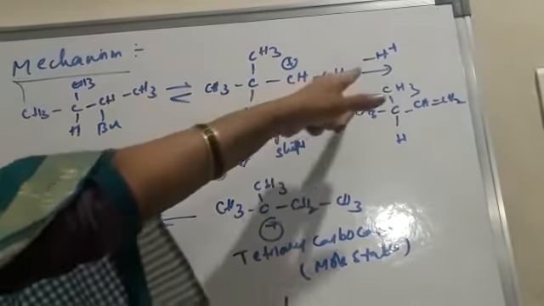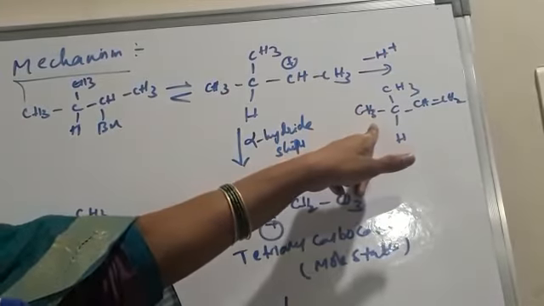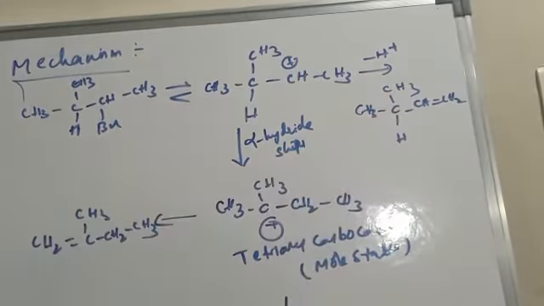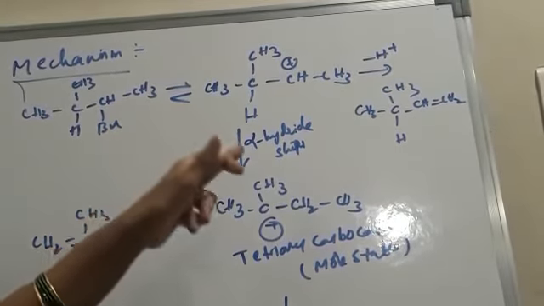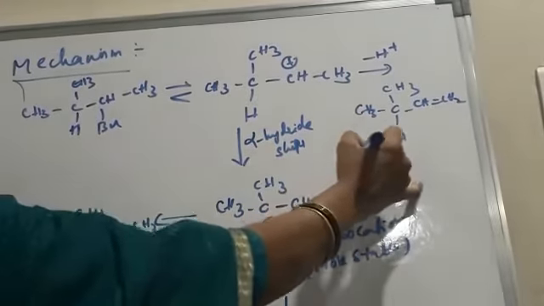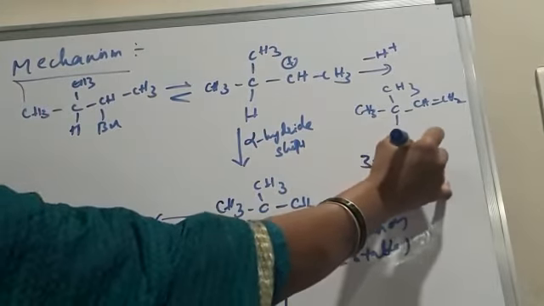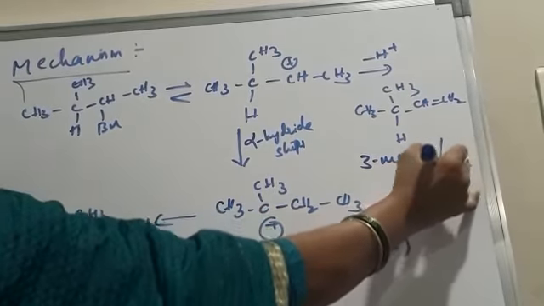So with the removal of hydride ion, here we get a product which is called 3-methyl-but-1-ene. So this is one of the minor products.